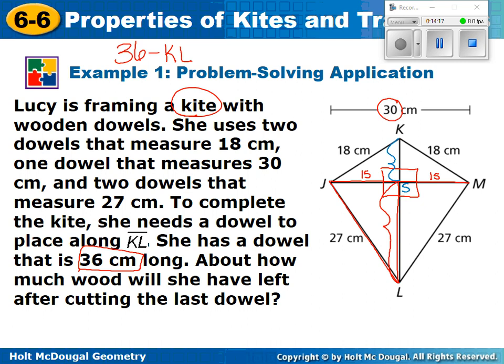So I'm going to stop you for a second. When we read the question, what does it specifically say for the last sentence? About how much wood. So what does that mean if it says about that we can do? We can round. This is telling us we can estimate. We can round. But is this our answer for our question?